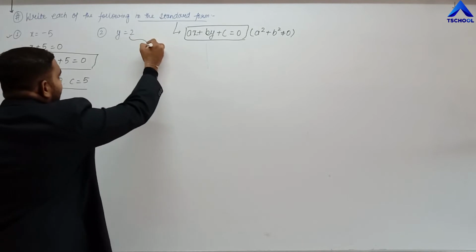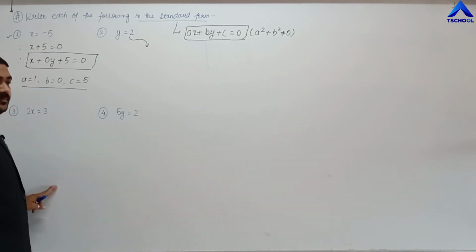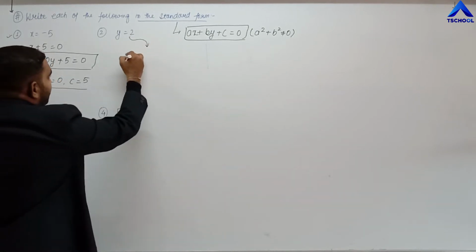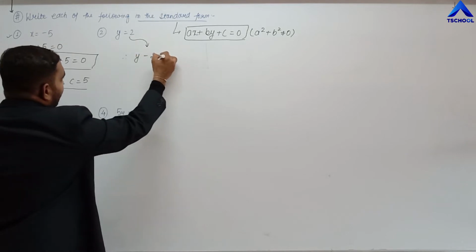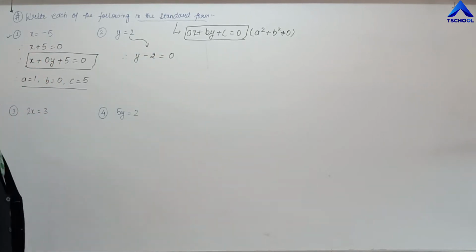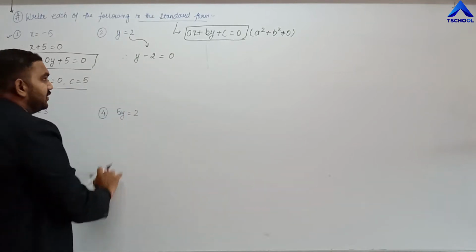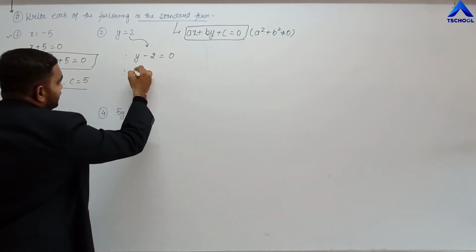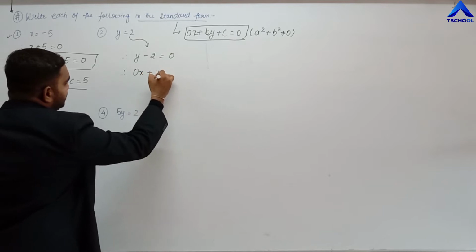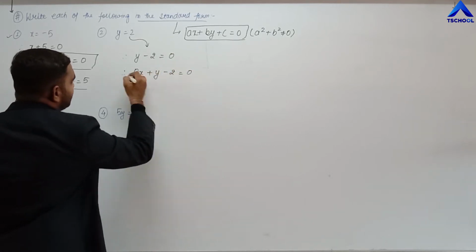Again I am having another example, that is y equals 2. So first of all, let me write down, therefore y minus 2 is equal to 0. Right, what I have done is taken the constant term from the right side to the left side. So y minus 2 is equal to 0, and hence 0x plus y minus 2 is equal to 0.